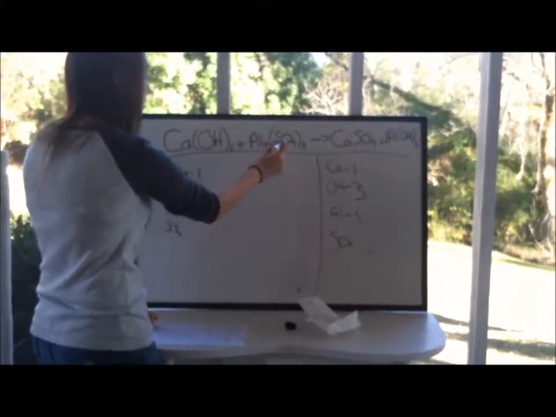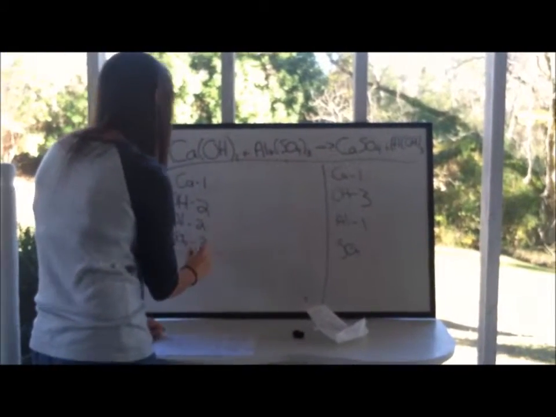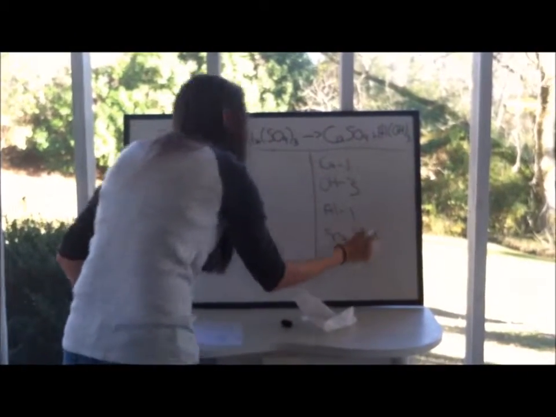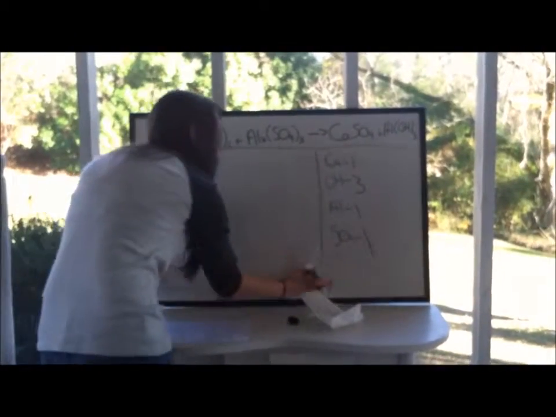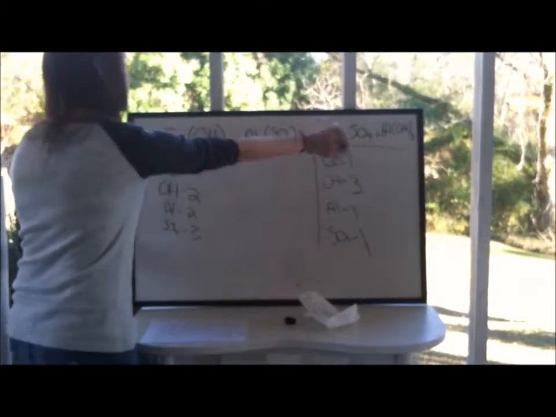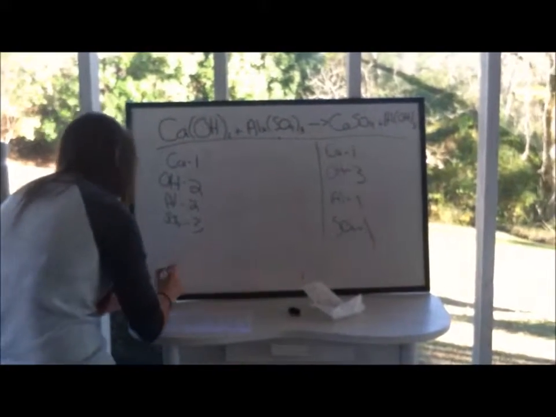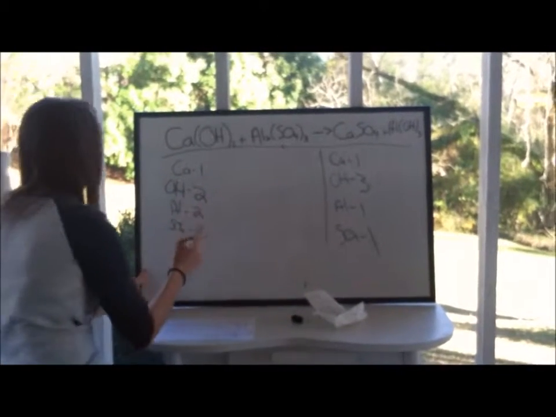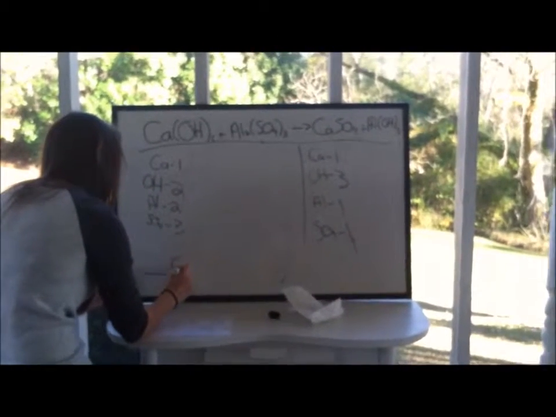And sulfate, we have three sulfate, and on this side, one sulfate. Let's make another version of the equation down here with little lines in front of it so you can put the numbers there.